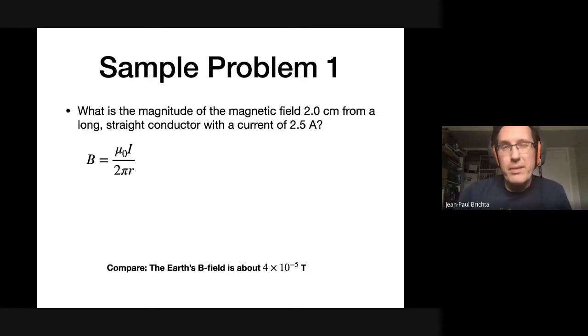In other words, does the conductor in this question generate a strong enough magnetic field that it could actually deflect a compass needle? Maybe. So let's do the calculation, see what you get. I'll wait.